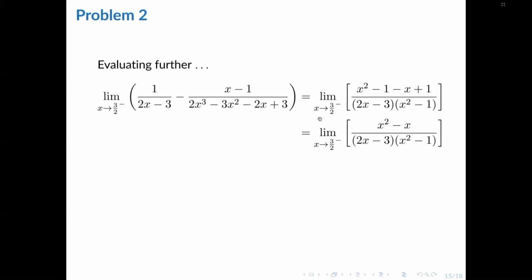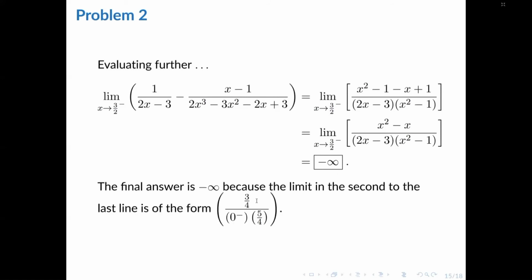So simplifying further, we get the limit of x squared minus x all over quantity 2x minus 3 times x squared minus 1 as x approaches 3 halves from the left. So substituting 3 halves directly to the equation, we get 3 over 4 all over 0 from the left multiplied by 5/4.